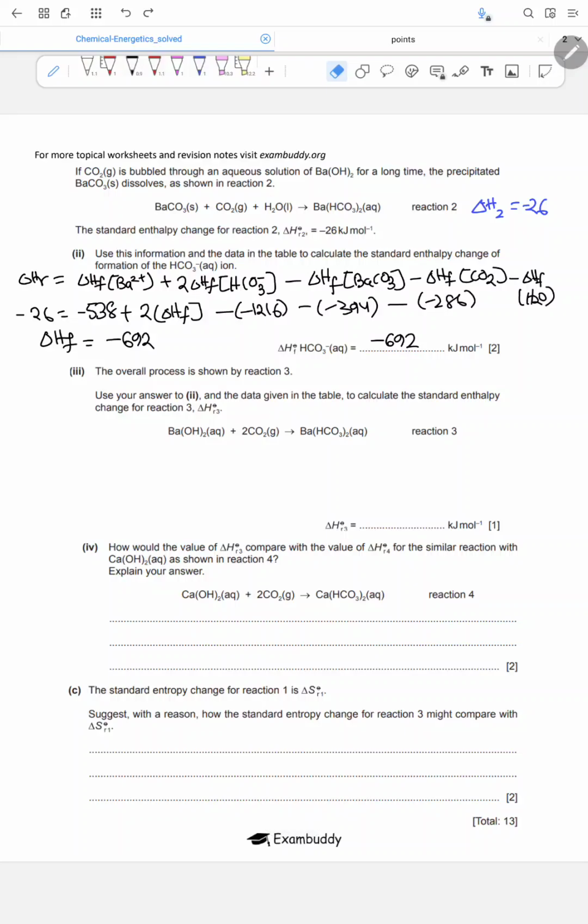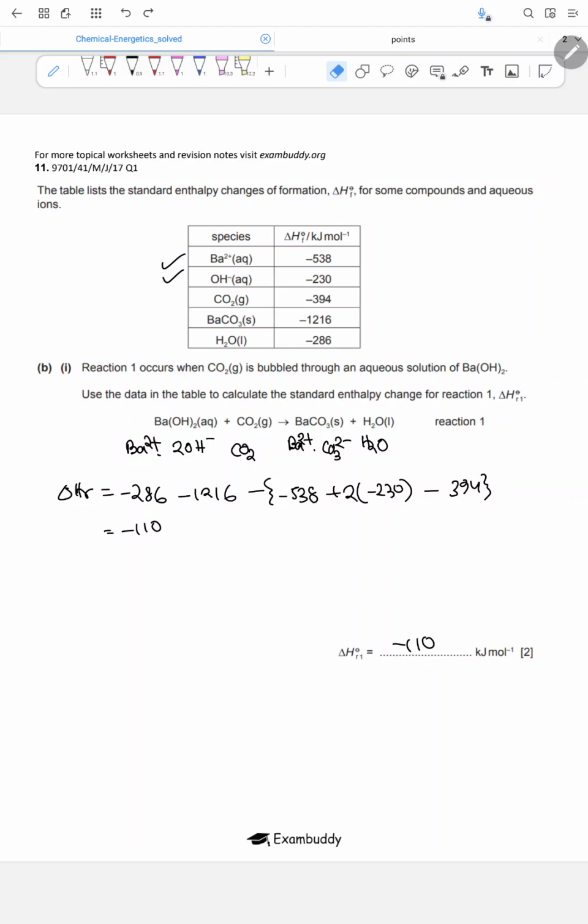The overall process is shown by reaction 3. Use your answer to 2 and the given data in the table to calculate the standard enthalpy change for reaction 3. Barium hydroxide plus 2 carbon dioxide, giving barium hydrogen carbonate. Alright, let me show a trick.